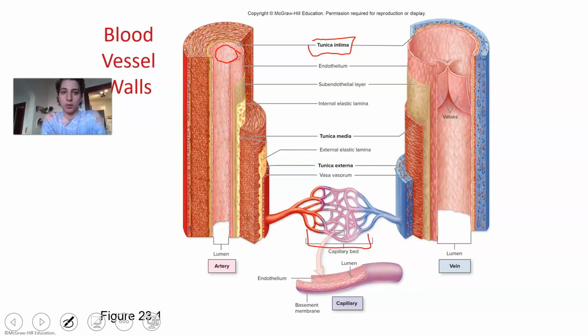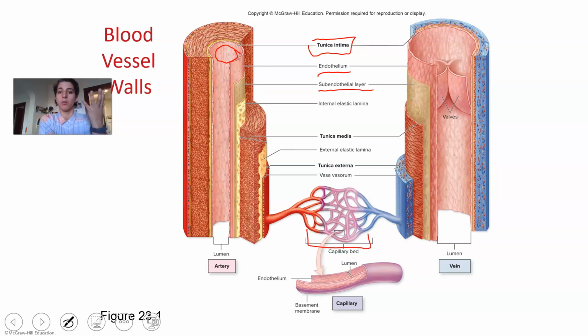What type of tissue would you call that? Epithelial tissue, right? It's called the endothelium, and it is continuous with the endothelium that we find lining the chambers of the heart. Okay, so we have this endothelial layer associated with what's called the subendothelial layer, and it's comprised of connective tissue, areolar connective tissue.